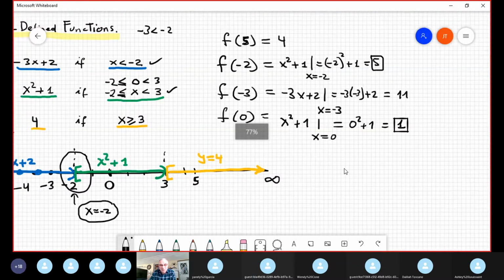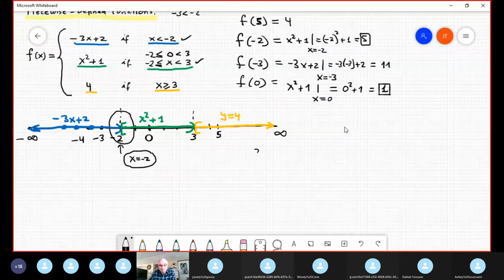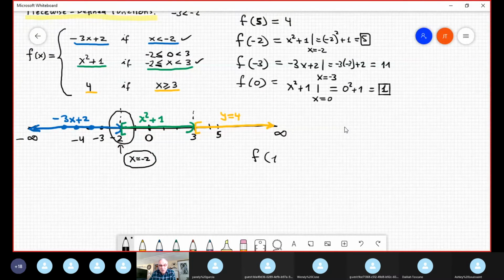Let's practice more. For example, let's practice evaluating at 1, at -4, at 2, and now at 6.